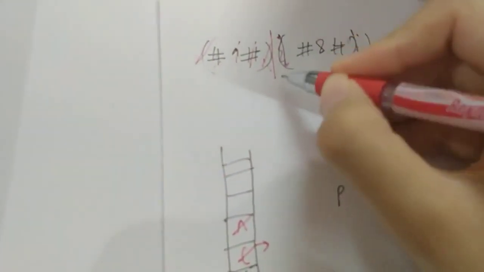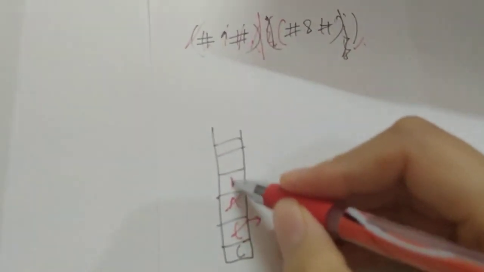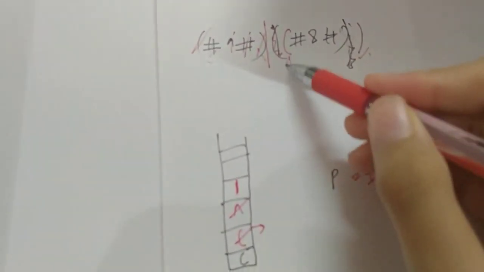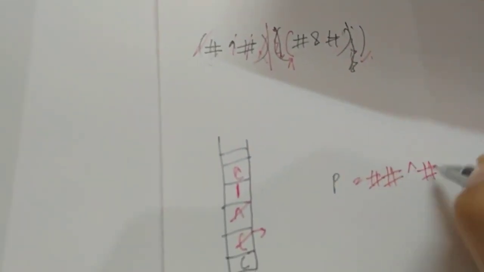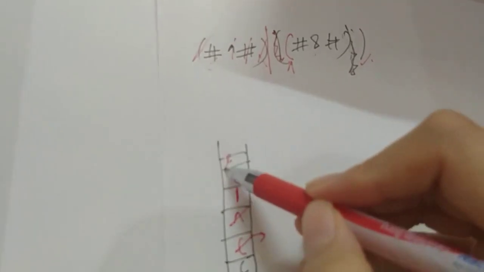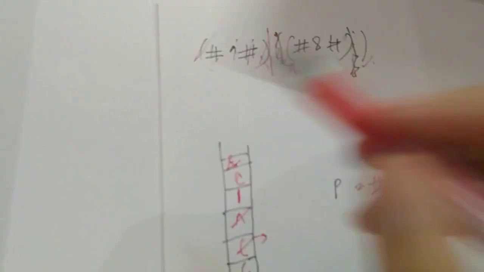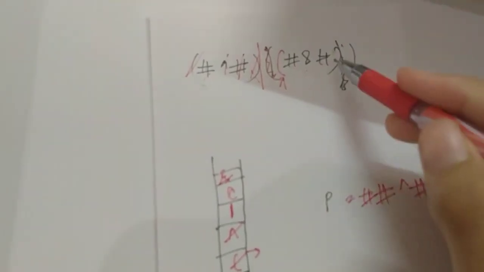Now we move to everything over here. We add OR into the stack. We add an opening parenthesis into the stack. We add hash to the string. We add the operator into the stack. We append hash to the string. We encounter a closing parenthesis, so we pop and append it to the string.